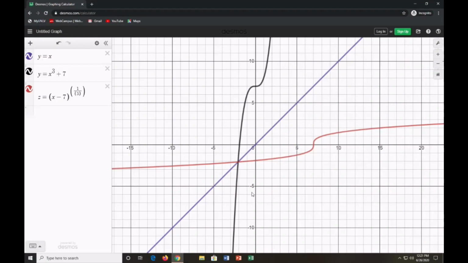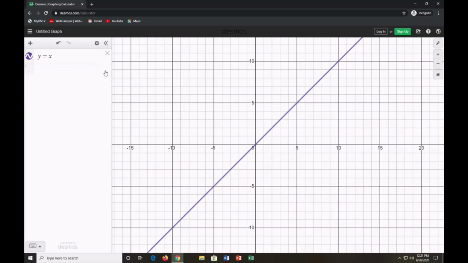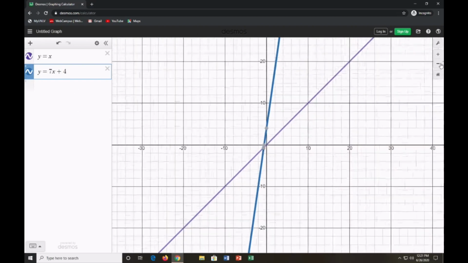Okay. All right. So I'm not going to erase the y equals x line, but we're going to graph those other functions that we talked about throughout this lesson. So the next one is 7x plus 4. That one, which is a linear function, I'm going to zoom out so you can see it better, is the blue one, right?